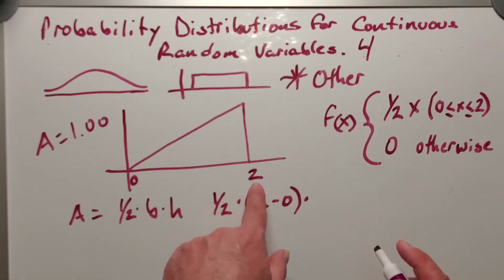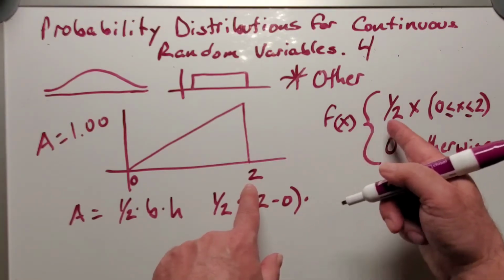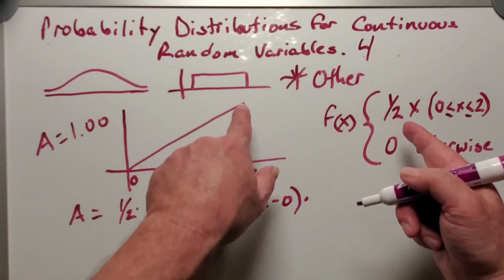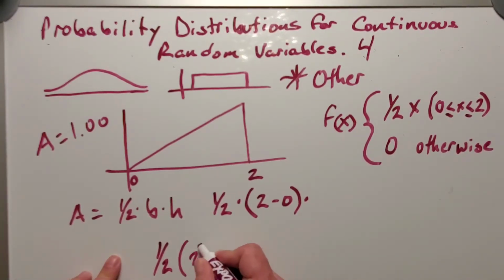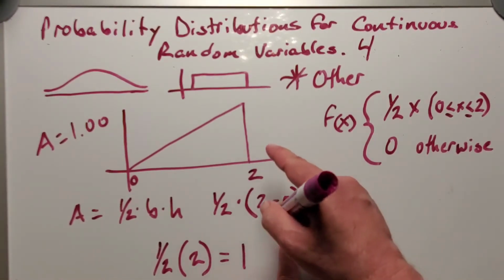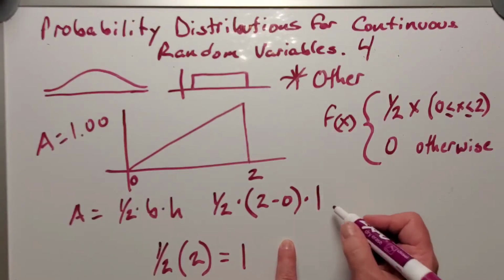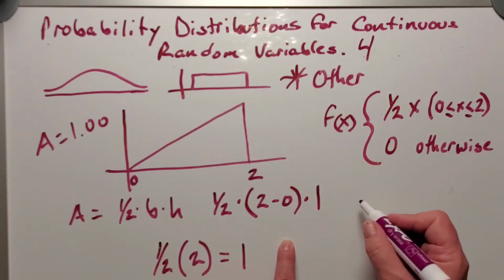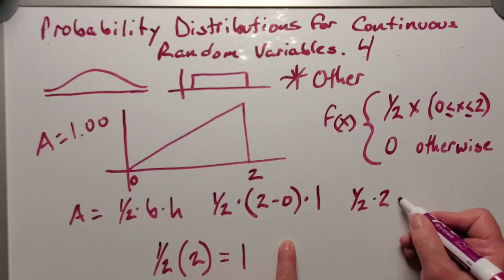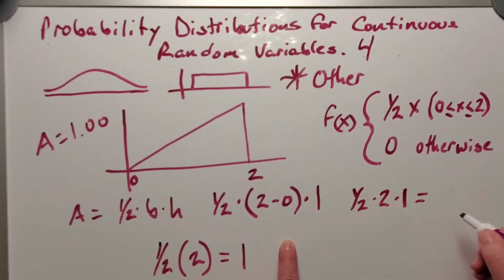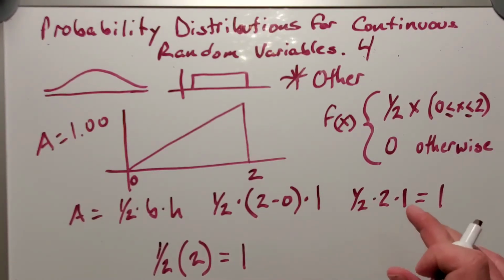I'm going to take the 2 and plug it into the function to get the height right there. So let me do that over here. I'll erase it very quickly. 1/2 times 2 equals 1. So the height there is going to be 1. So if I multiply that all out, I have 1/2 times 2 times 1, which equals, yes, 1. So it's a good probability distribution. We're on solid ground there.